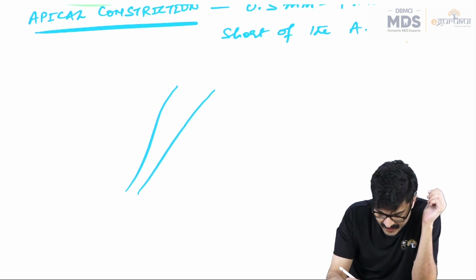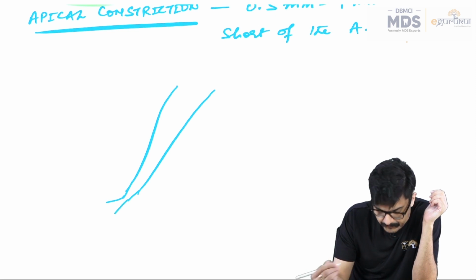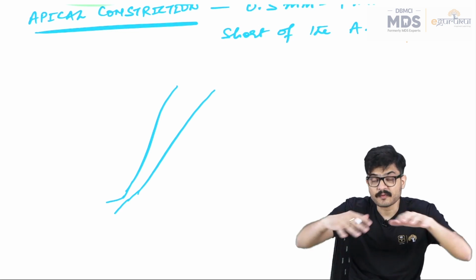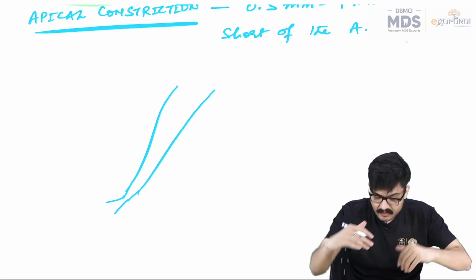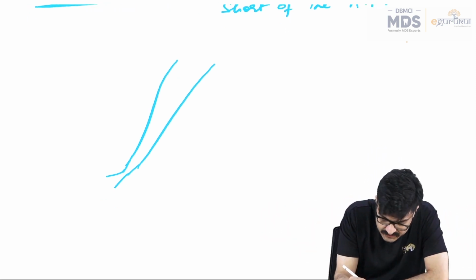The narrowest part of my root canal system, the narrowest cross section, is the apical constriction, and then for a distance of about 0.5 to 1 mm there is this divergence, and at the end of this divergence, the root canal exits through its foramen.